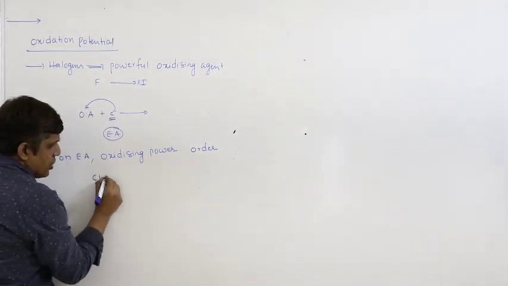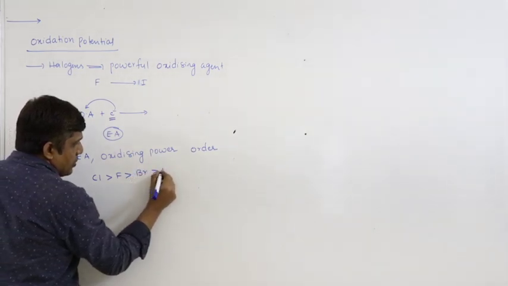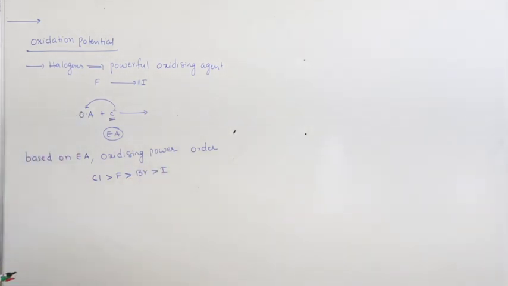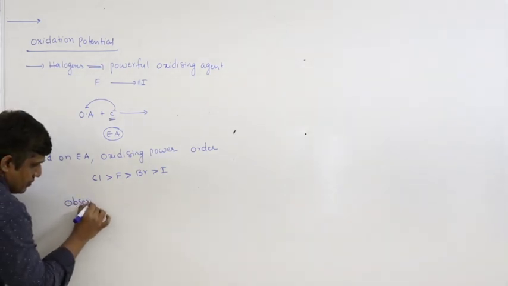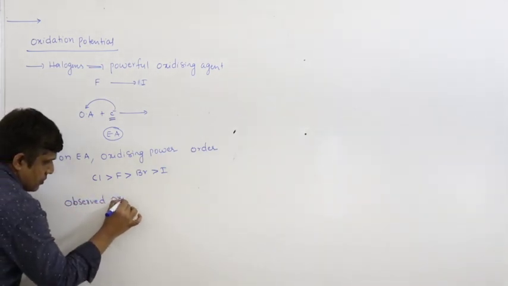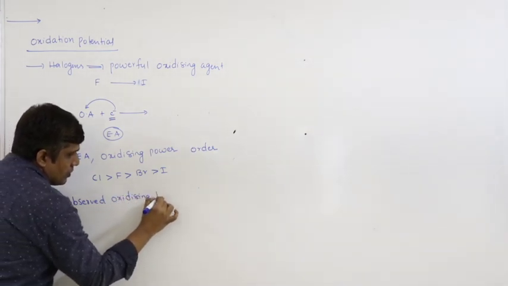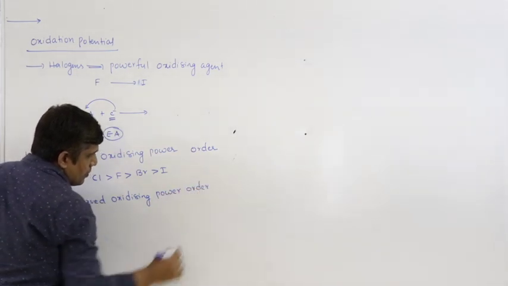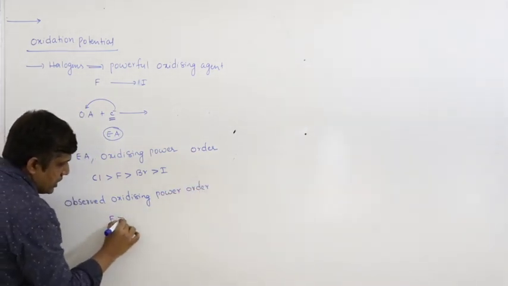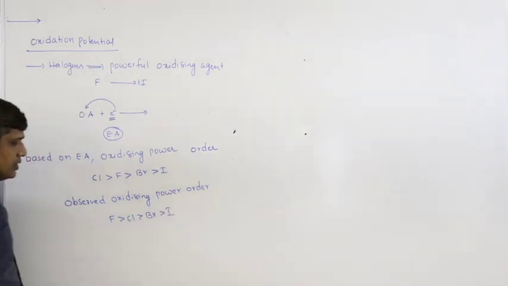Just now we have studied: chlorine, then fluorine, then bromine, then iodine, right? But the observed order is fluorine greater than chlorine greater than bromine greater than iodine, right?